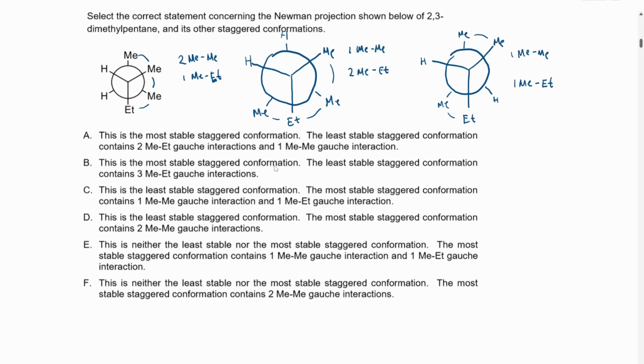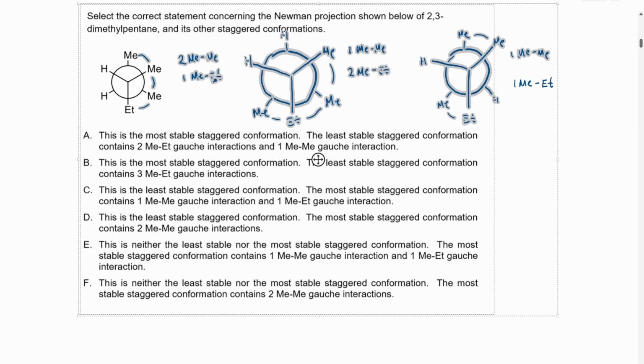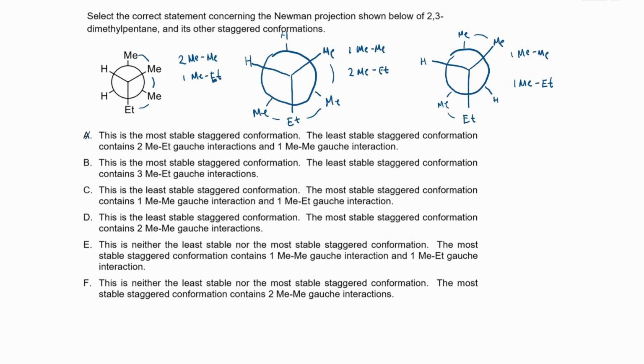So let's go through all the answer choices. It says A, this is the most stable staggered. No, it's not. This is wrong as well. This is the least. It's not the least either. It's right in the middle. So it's either E or F. Let's look at E. This is neither the least stable nor the most stable staggered conformation. The most stable staggered conformation contains 1 methyl-methyl, right?